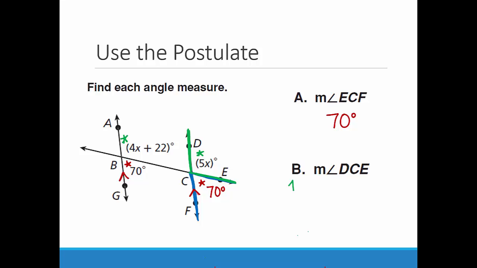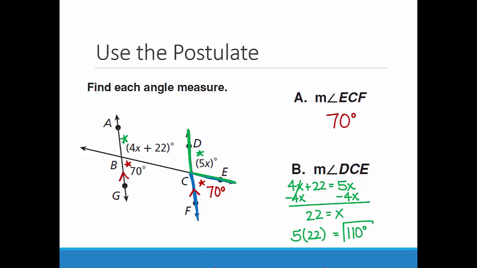So I can make a nice little algebra equation: 4x plus 22 has to be exactly the same as 5x. Then I can solve for this. Minus 4x, minus 4x, so I end up with 22 equals x. Then I can plug that back in. 5 times 22 gives me 110. So this angle right here has to be 110 degrees.